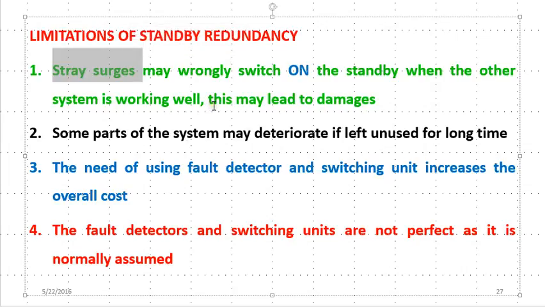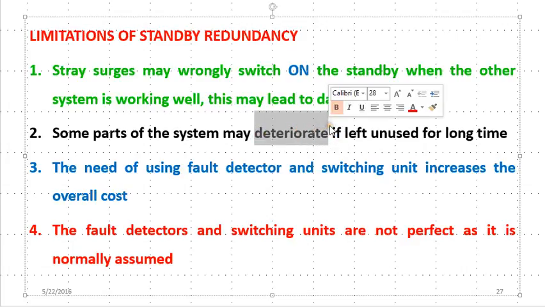So if it switches on the second system, operating the two at the same time may cause damage to them or to one of them. This is one of the disadvantages or limitations. Another limitation is that if you leave a system for a long time without using it, because we said the other ones are redundant until the first one fails, they can deteriorate, meaning their quality and strength will be reducing.